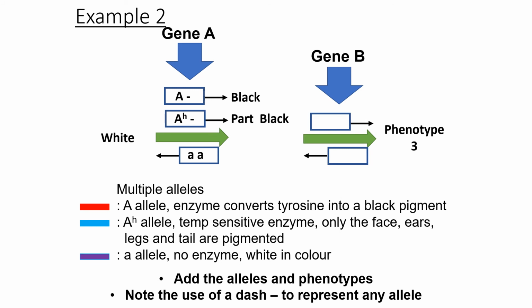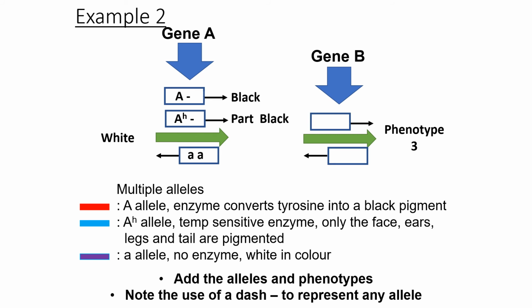We also have the uppercase letter A, the dominant letter A, which gives us the black phenotype, and then we have the AH, which gives us what I'm referring to as the part black, which should be certain parts of the body would be black and other parts would be white.